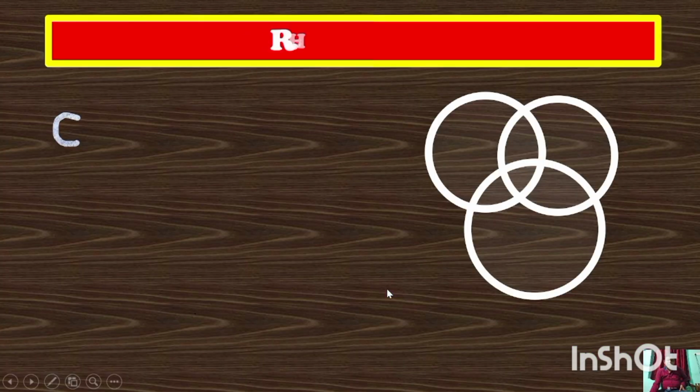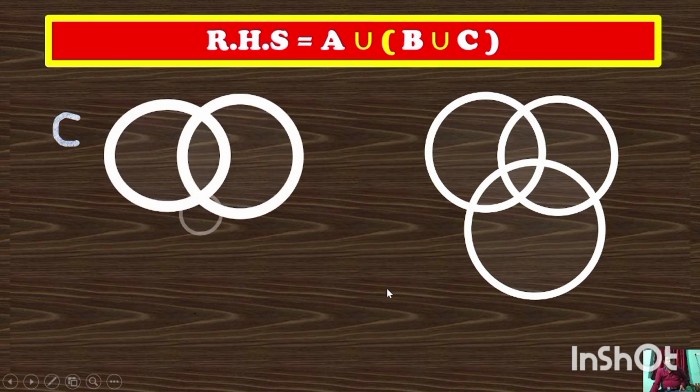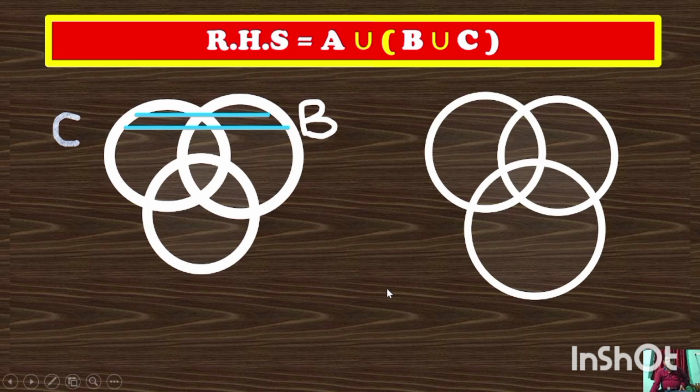Let's see what the RHS is. Look at the diagram here, the Venn diagram. You have to take first B union C, because B union C is in the bracket.